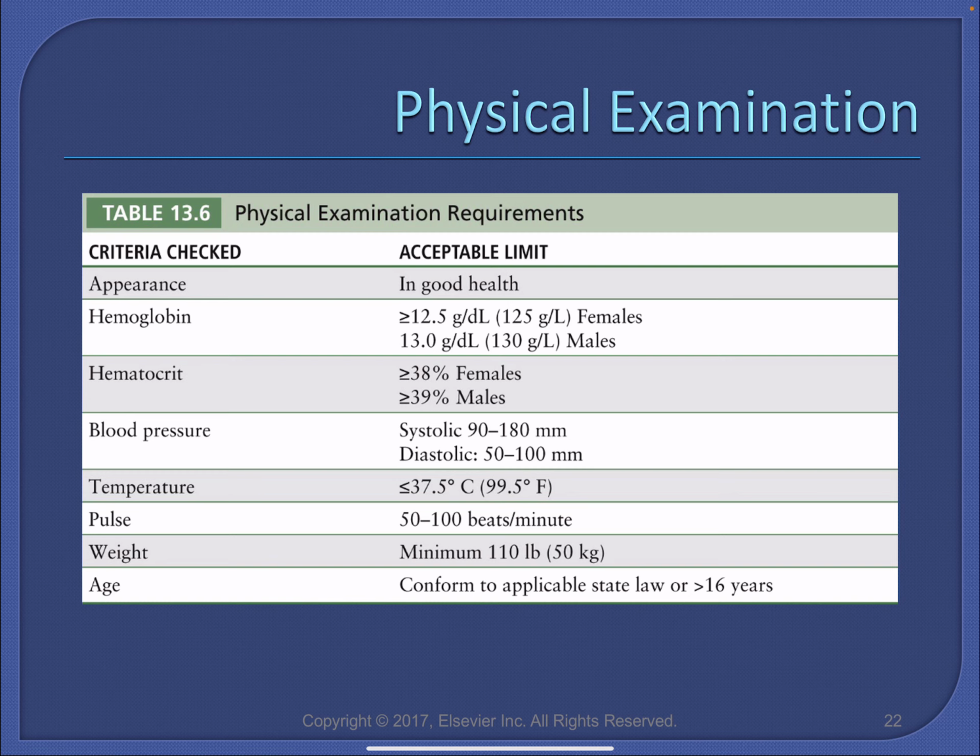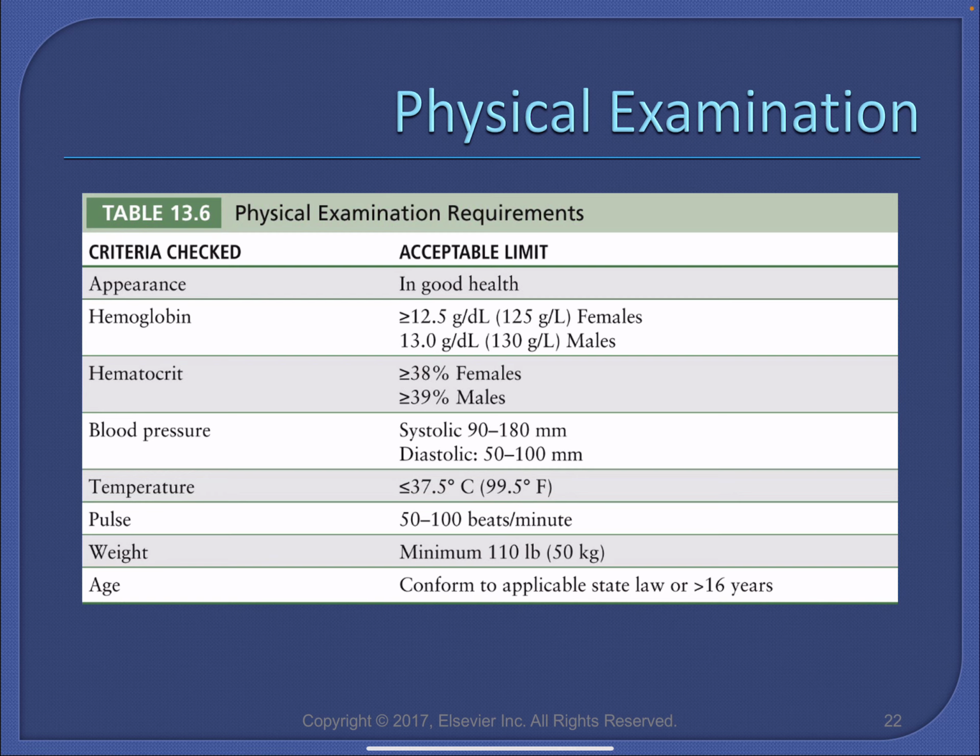A donor who weighs less than that can donate blood, but then less blood is collected, and the anticoagulant needs to be adjusted as well. So a donor who weighs, let's say, 100 pounds or 45 kilograms can donate about 473 mLs of blood.